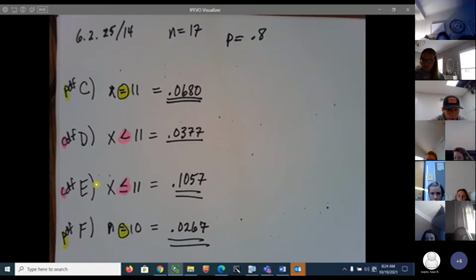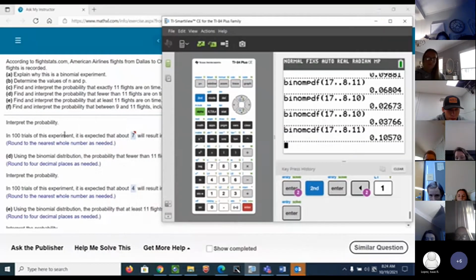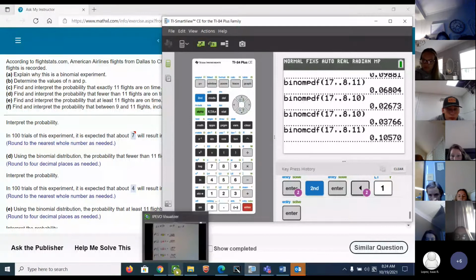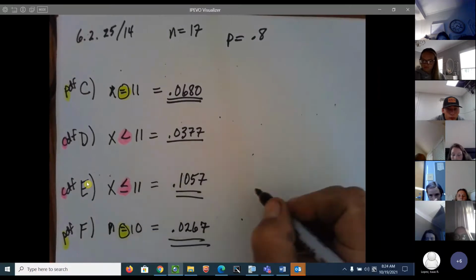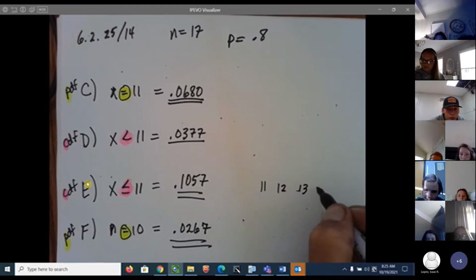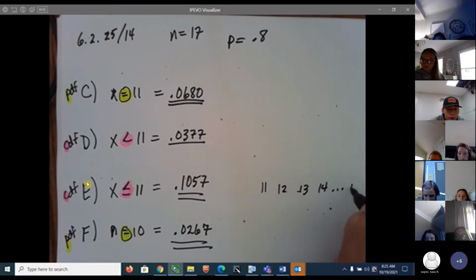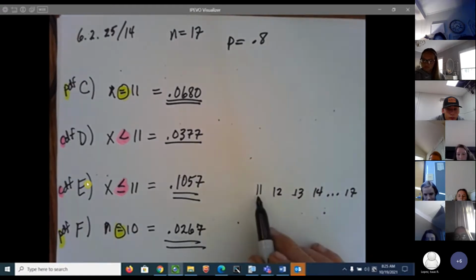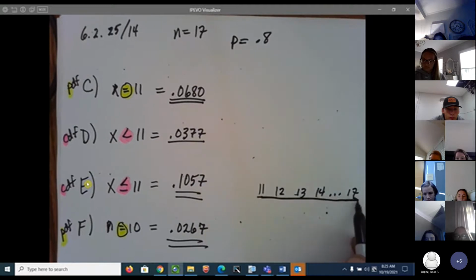I think I may have E wrong. Didn't E say at least or at most? At least. That means the lowest number. I thought I had that one wrong. Okay, let me turn that around. At least means the lowest number is 11. So that means 11, 12, 13, 14, up to 17. So that means all of these.